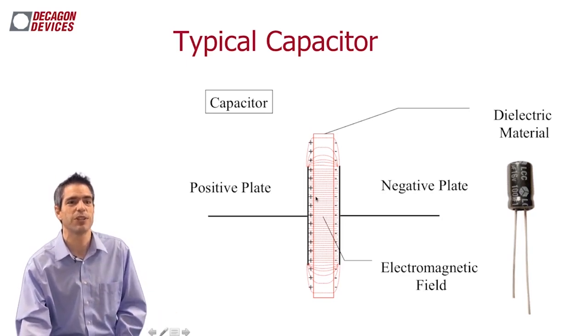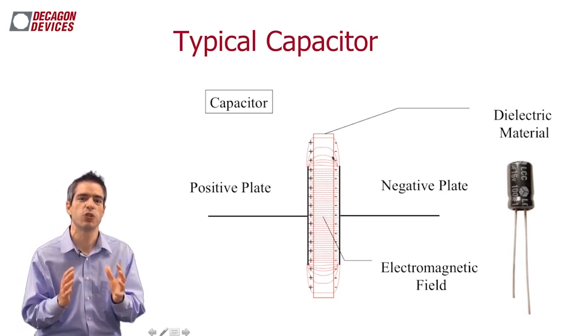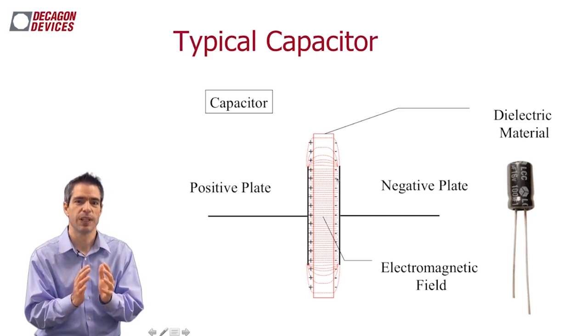Go to your physics book, you can get a very similar diagram out of there. We have two plates, a positive plate and a negative plate. We have a difference of charges across those two plates. They form this electromagnetic field you can see in red here. And whatever's between those two plates will briefly store that charge.